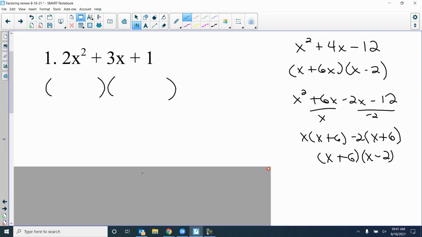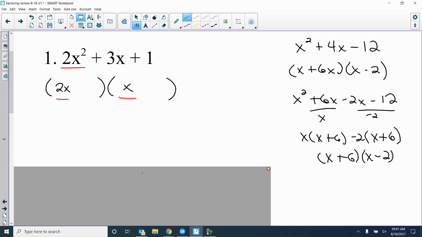Okay, and there's a couple key things that we have to take into account. These first 2 terms have to multiply to get 2x squared. No other way around. What are my only options? What's going to multiply to 2x squared? 2x and 1x. That's it. 2x and x. So you got nothing else.